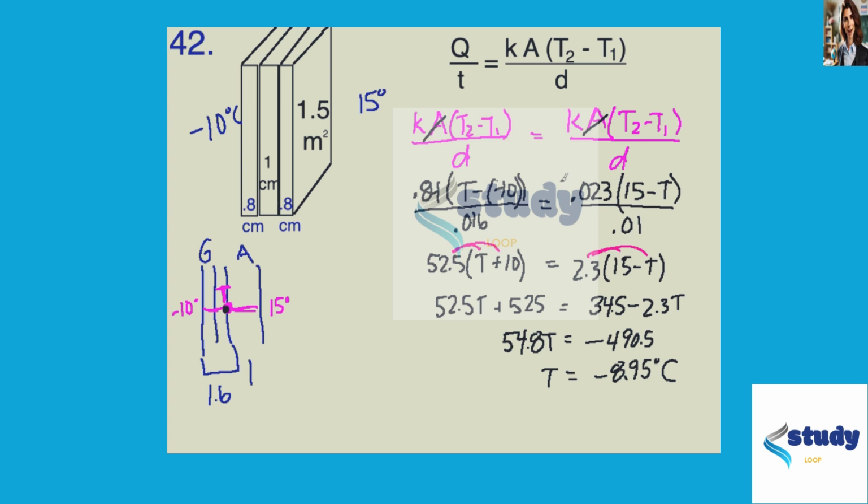Now I can do either side of this to find the rate, now that I know what that other T is. I'm going to do the glass side. For the glass side, the rate that heat is being transferred would be K, 0.84.